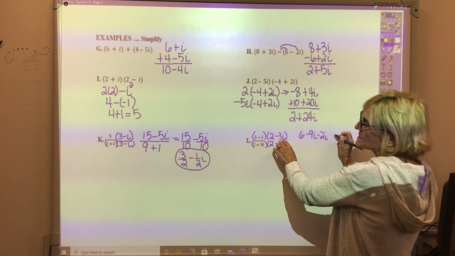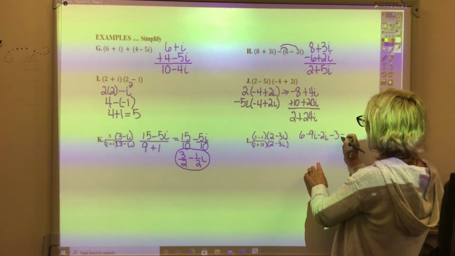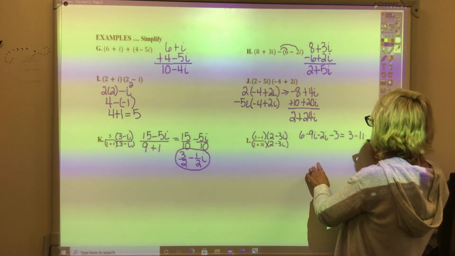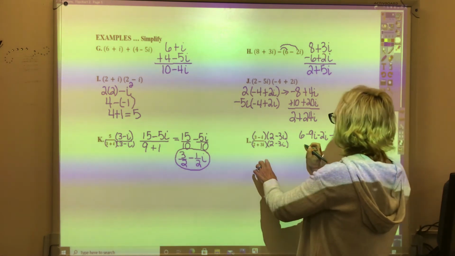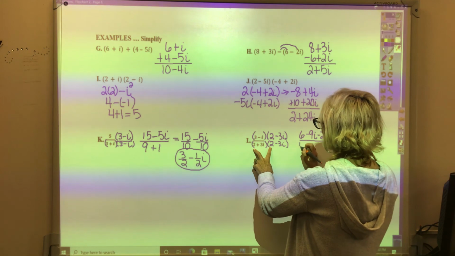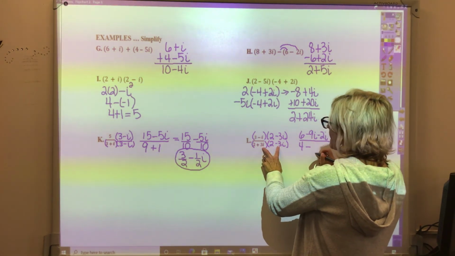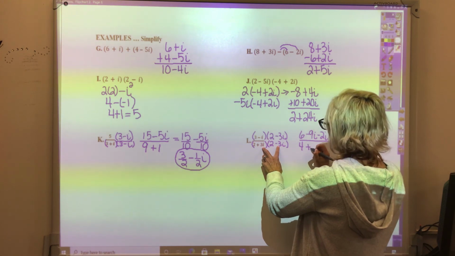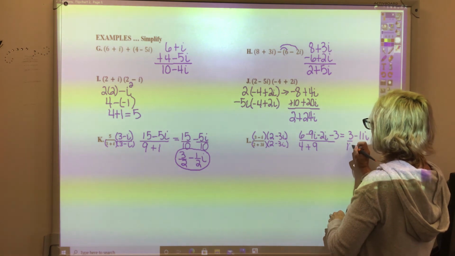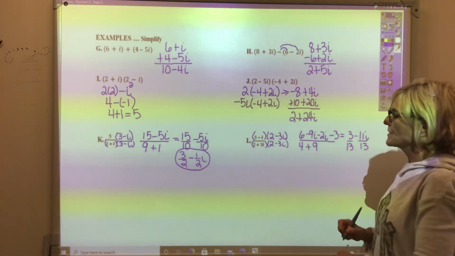And i squared is negative 1, so make that a minus 3. The top will simplify to 3 minus 11i. Now on the bottom, remember that they're conjugates, so it's 2 times 2 is 4 minus 9i squared, so that would be plus 9. So we would put a 13 as our denominator under each part, the real part and the imaginary part.